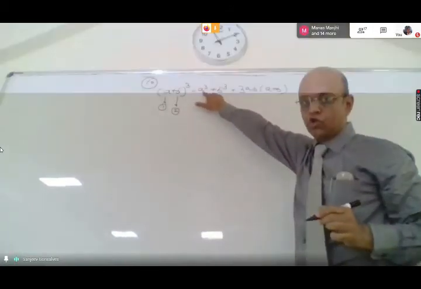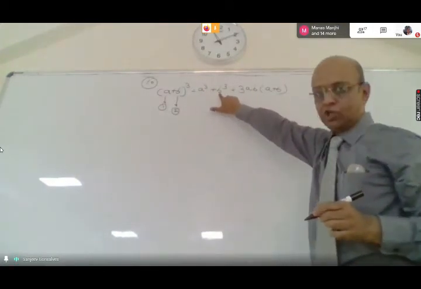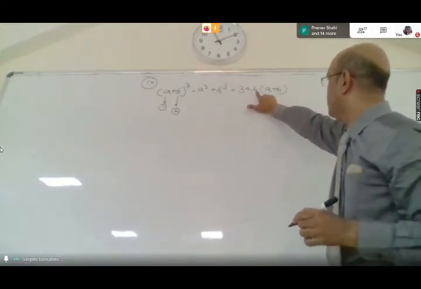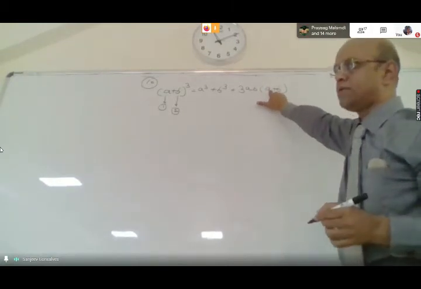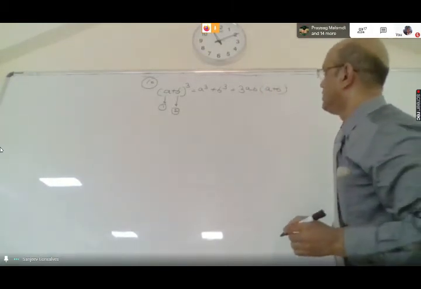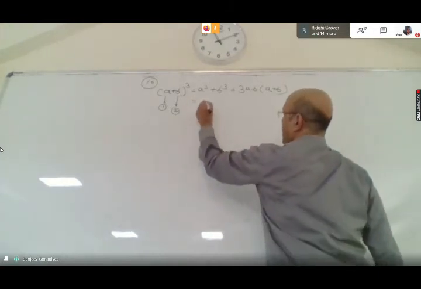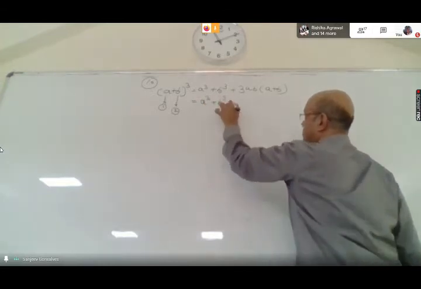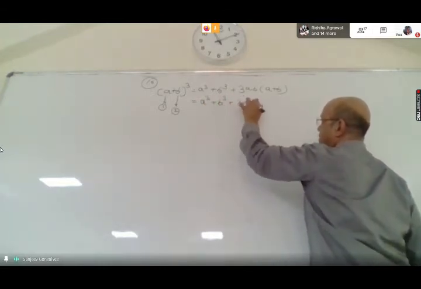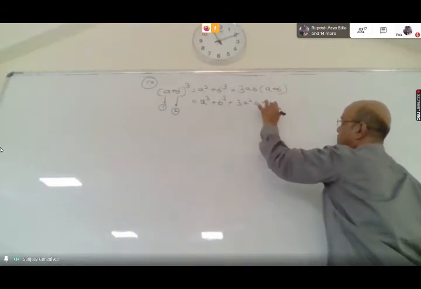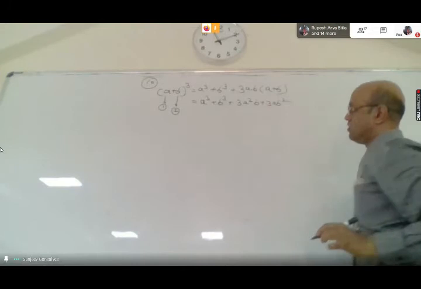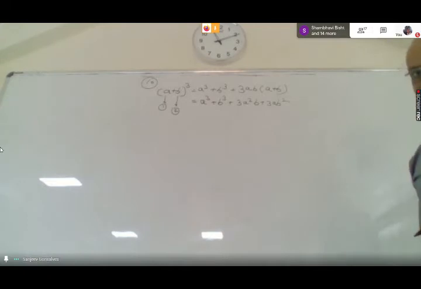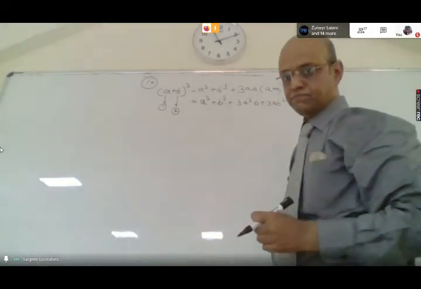So first term cube plus second term cube plus 3 multiplied by first term multiplied by second term inside the bracket first term plus second term. Further written as a cube plus b cube plus 3a square b plus 3ab square. You write both the answers, first as well as second.